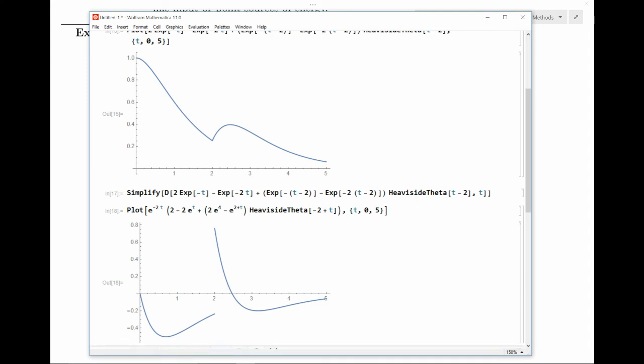And just as I said, the derivative experiences a jump right there at 2. Up to 2 the derivative was negative, and then at 2 it jumped to be positive, and then went back to be negative again. This is exactly what we expected to see.